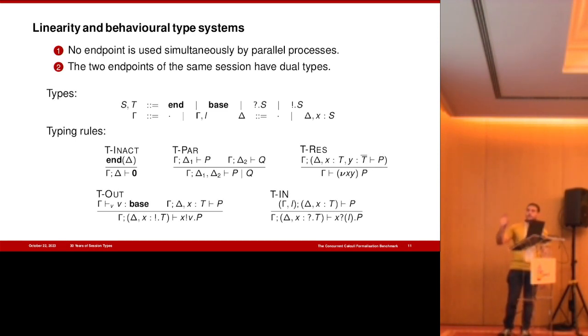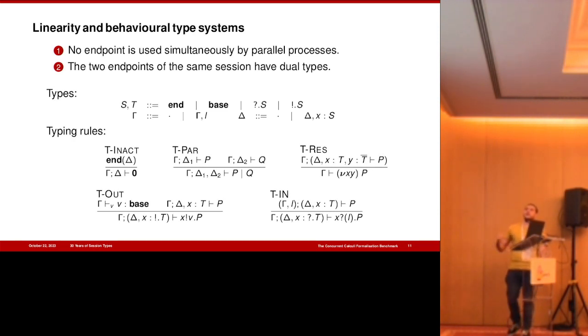Again, very much standard. The important thing is that, in particular, the second rule, TPAR, is the one that enforces the first point. So no endpoint is used simultaneously by parallel processes. This is enforced by the splitting of context with the rule TPAR.